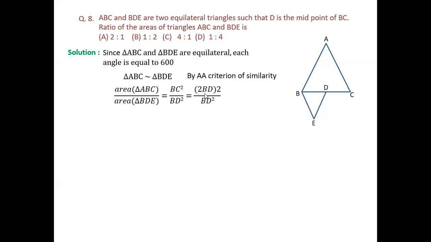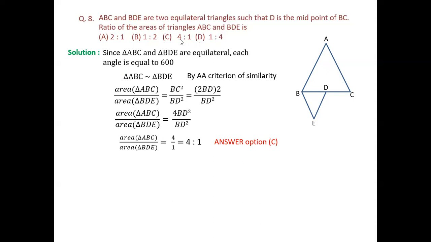So it can be written as 2BD whole square upon BD square. When you take the square, it becomes 4BD square upon BD square. BD cancels. So 4 upon 1. So the ratio of ABC upon BDE is 4:1. That means your answer is option C.